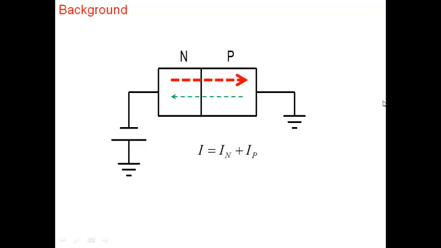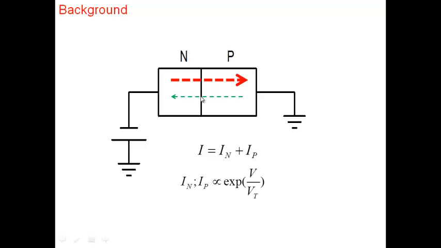So the total current which flows across this junction is made up of two components: the electron current component and the hole current component, IN plus IP. We saw that this is nothing but a diode, and we are talking about a forward biased diode. Both of these current components increase exponentially with voltage. That's the nature of a diode.